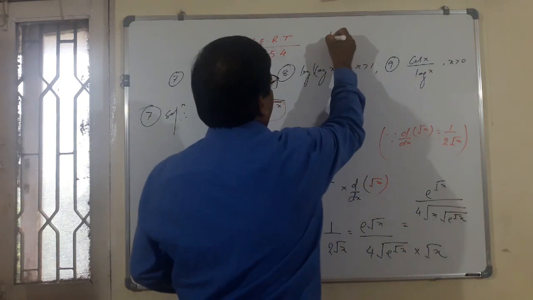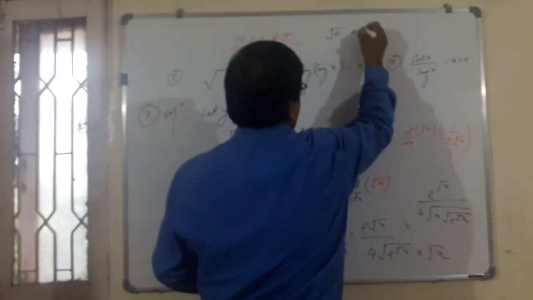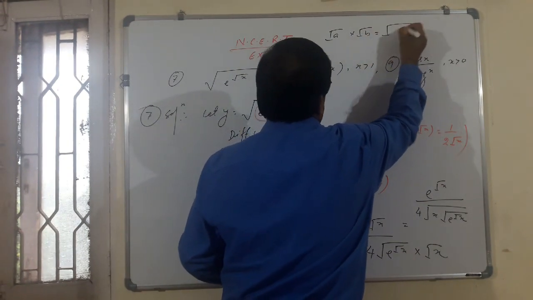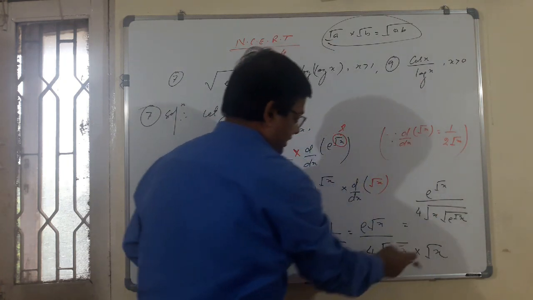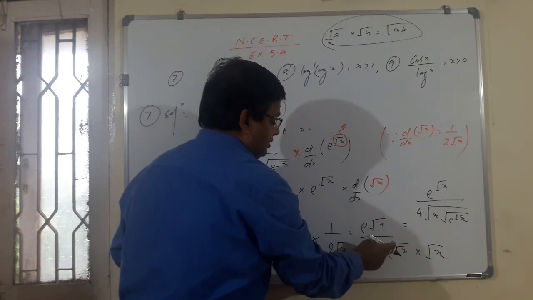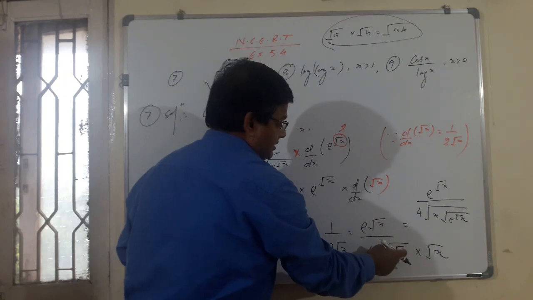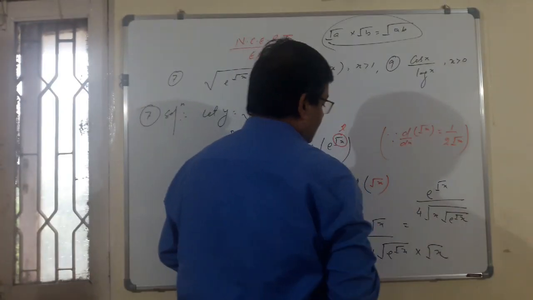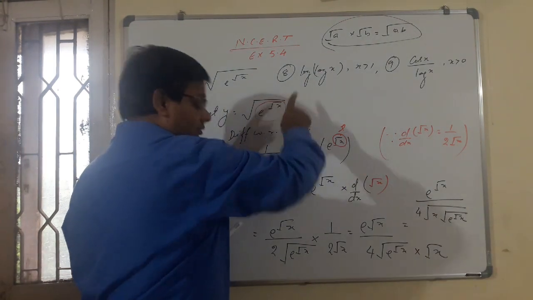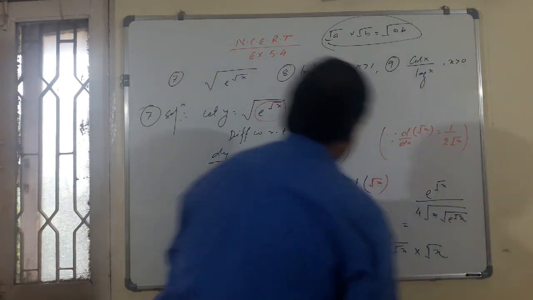We know that root a into root b is equal to root ab. So use this formula and write root x and square root e raised to the power root x, both under square root, like this. Answer.